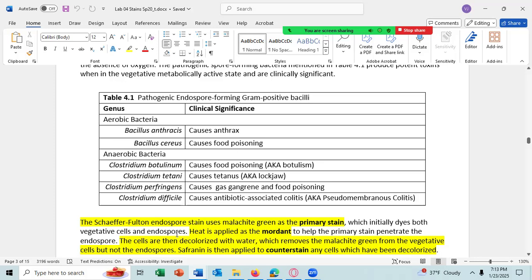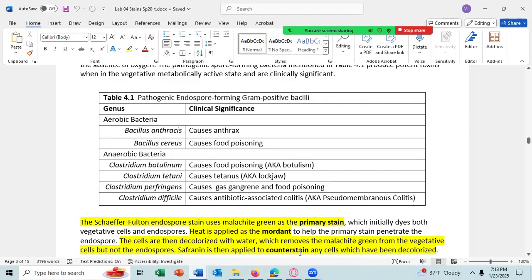The cells are then decolorized with water. Water will remove the malachite green from the vegetative cells, including the parent cells, but it will not remove the malachite green from the endospores. Safranin is then applied as a counterstain to stain the clear cells, which became clear after you washed out the malachite green.